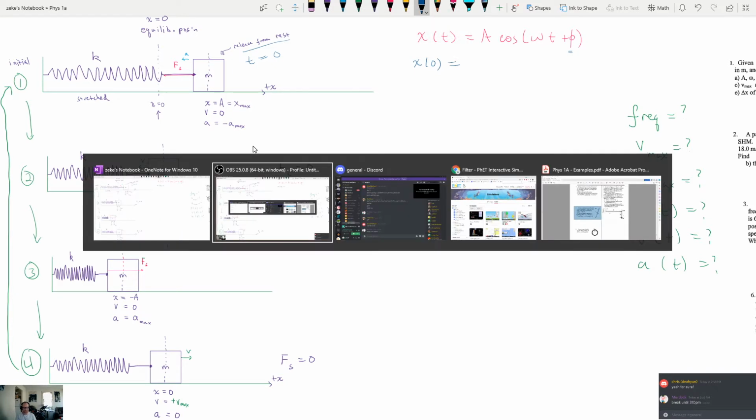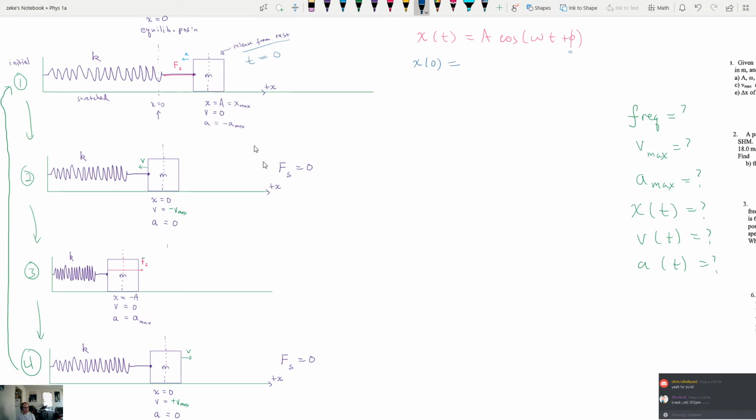What should the x-coordinate of our system be at t equal to 0? A, right? Yeah, it should be equal to A. So if I plug that into my equation, I'm going to have A cosine of 0 plus phi, because t is 0, or just A cos phi.